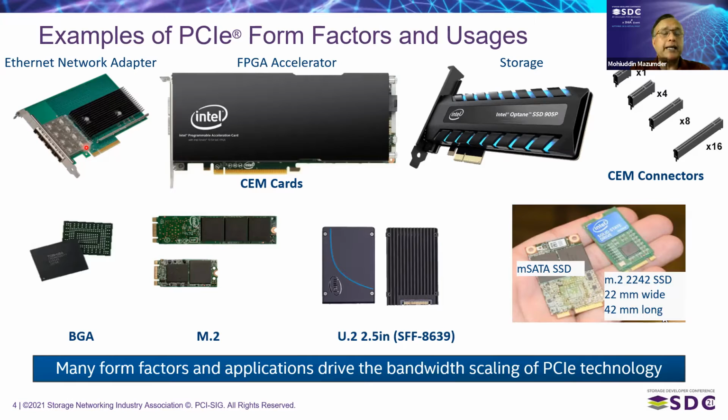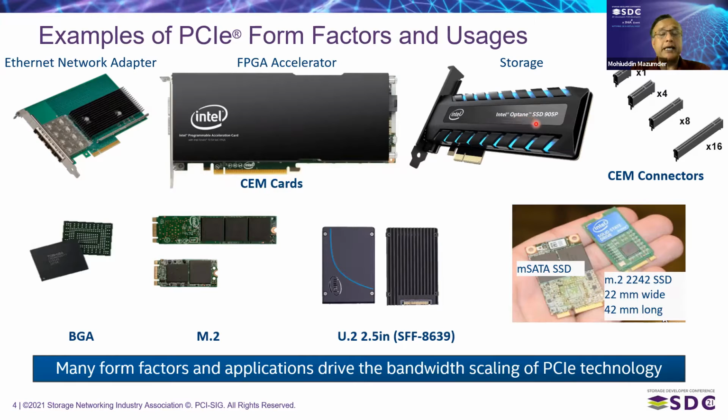Similarly, many applications like AI, machine learning, HPC that we talked about use accelerators, and that also often comes in CEM card form factors. This is a form factor that has been in use since PCIe 1.0, spanning almost 2 decades.